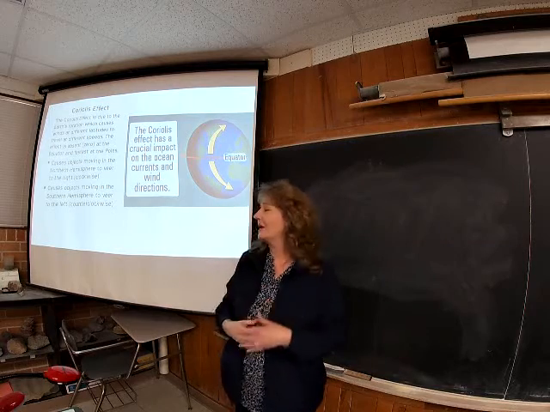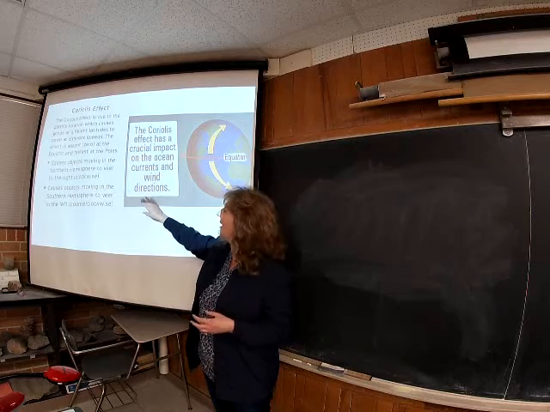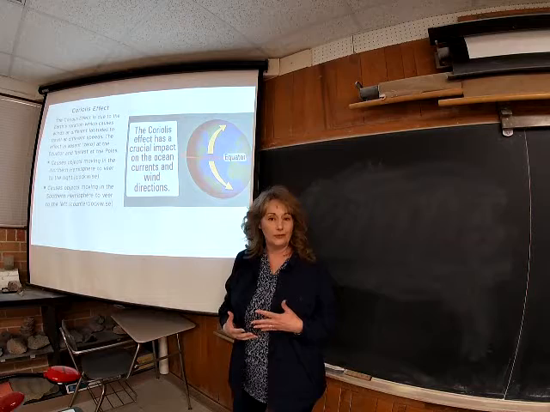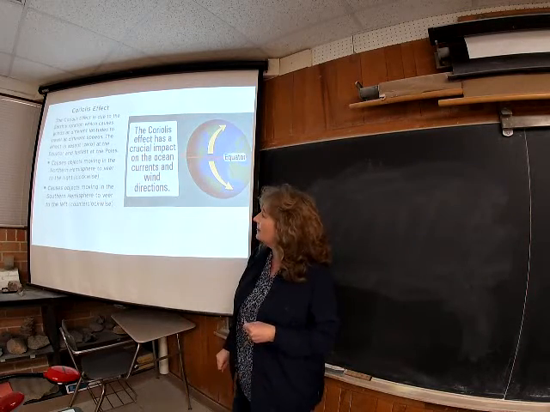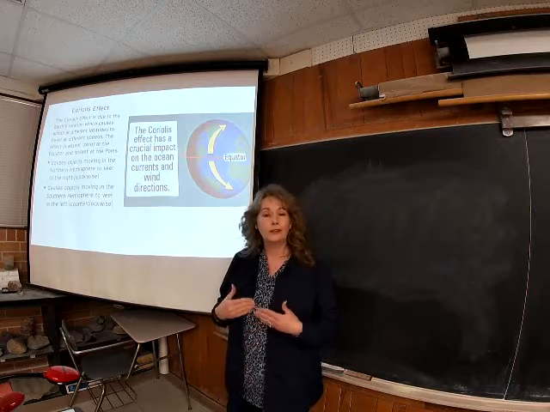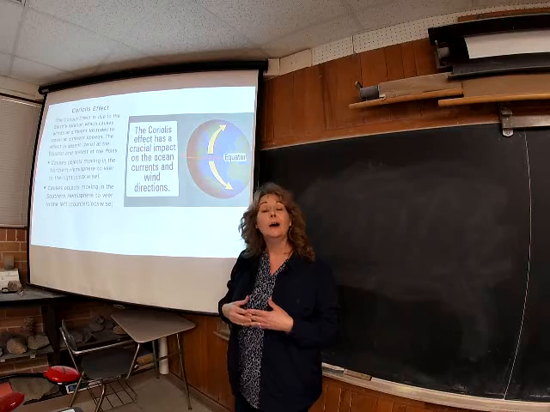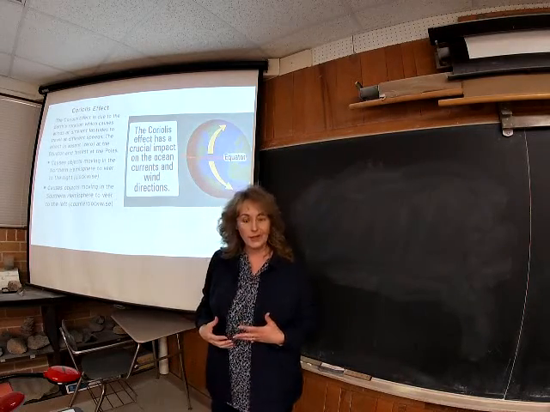So it causes moving objects like wind to veer to the right in the northern hemisphere, so clockwise, and causes objects to veer to the left of their direction in the southern hemisphere, or counterclockwise.